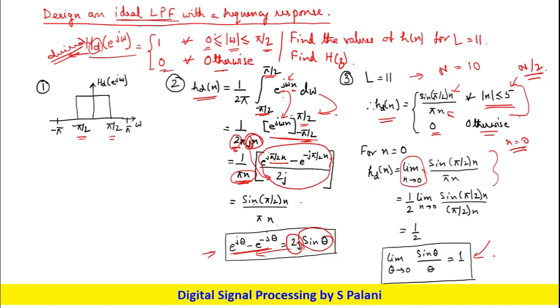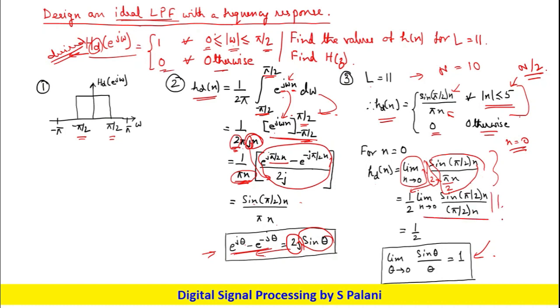Now this is not in the form of sin theta by theta, so what we have to do is divide it by 2 and multiply it by 2, right? So this part, 1 by 2, comes out, and the rest of the part becomes in the form of sin theta by theta, right?